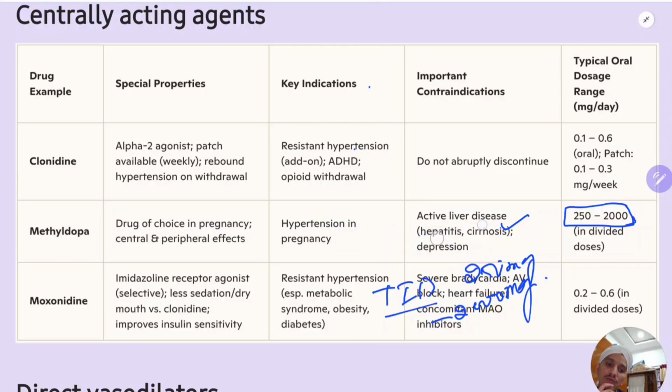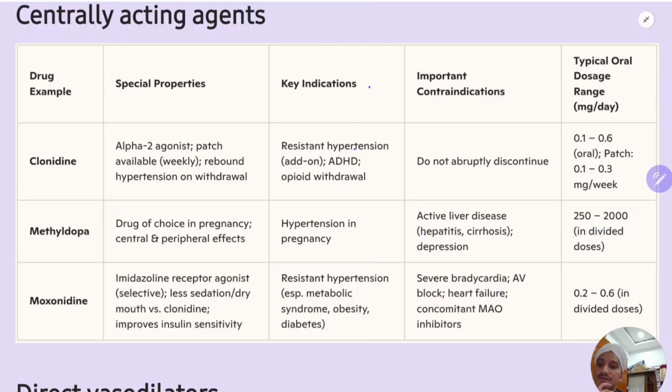Among these three, the most commonly used drug which acts centrally is Moxonidine, brother of clonidine. But the site of action is different. It is a selective imidazoline receptor agonist. So there is less sedation and dry mouth. With clonidine you will have sedation and dry mouth, but you have less sedation and dry mouth with Moxonidine when compared to clonidine.